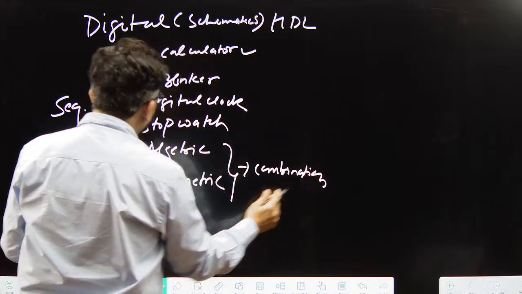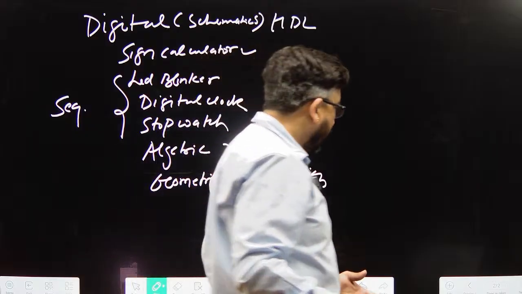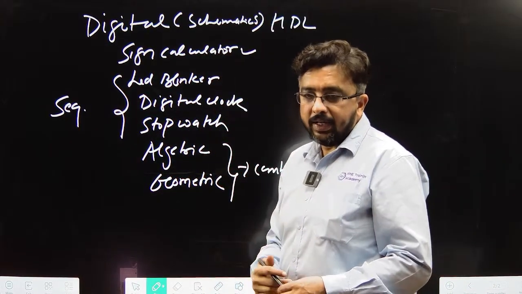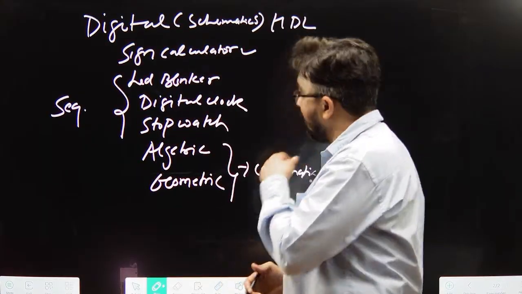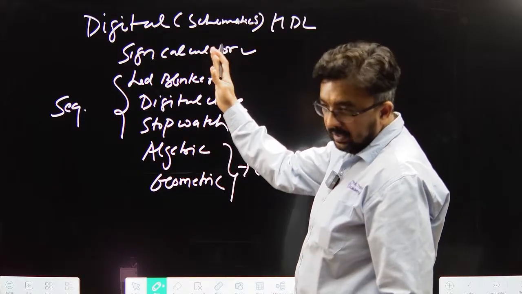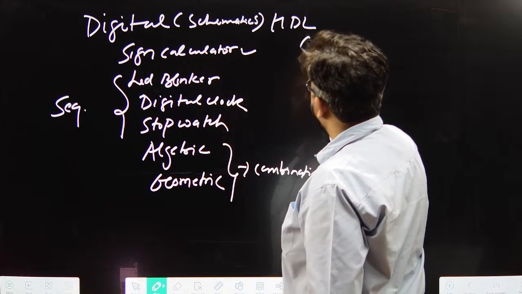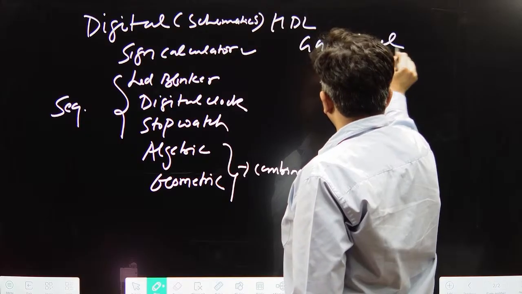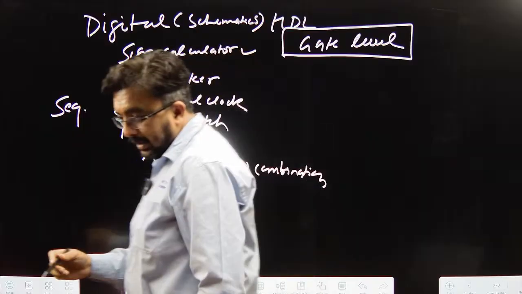If you have designed any single project with me, and if you are expecting the certification from me, then you have to complete the project in terms of gate level also.